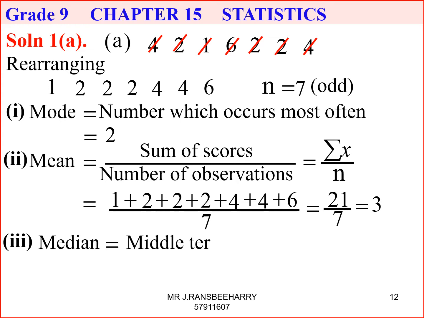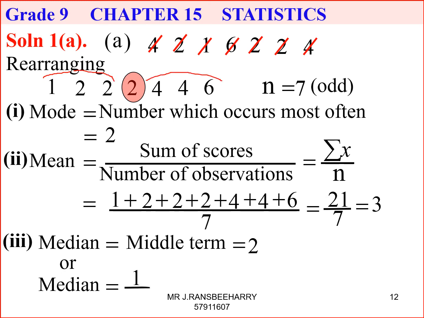Thirdly, median. Median is a number that divides a distribution into two equal parts. So here, 3 on this side, 3 on the other side. So the median is 2. We calculate the median from the set of numbers that has been rearranged. The middle term here is 2.